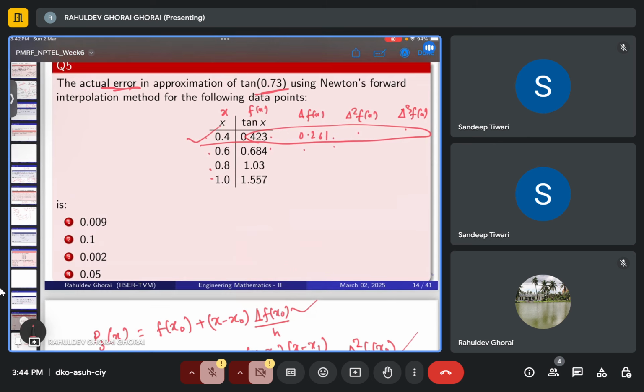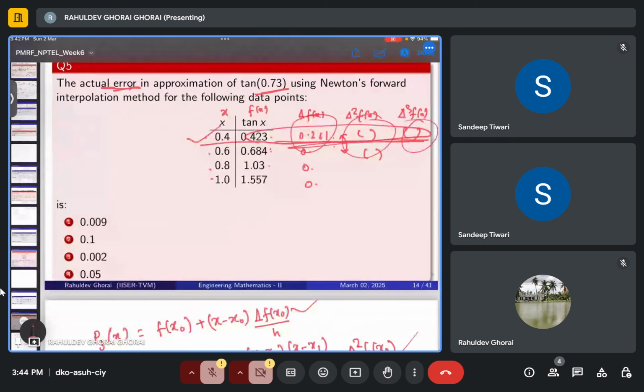So you can do it here. What will be this minus this? You can just calculate it, 0 point something. Then you will have something here also, and again here. But we will take only these 3 points.